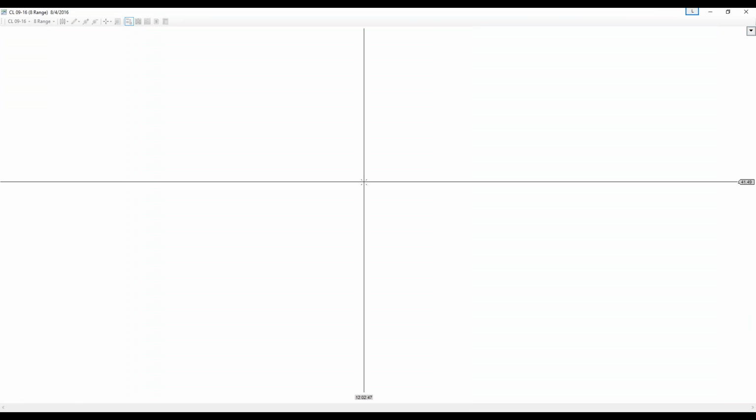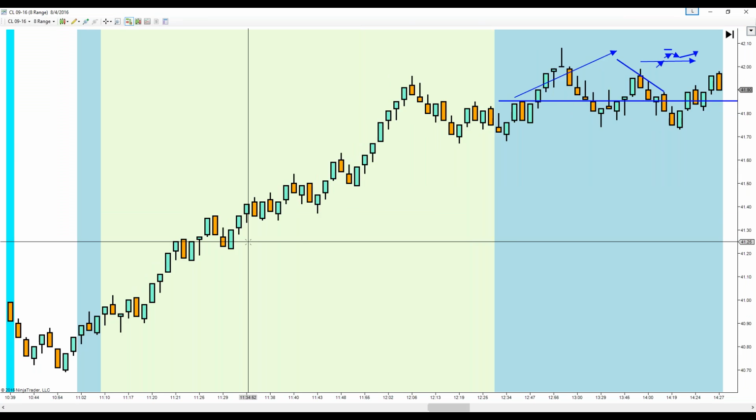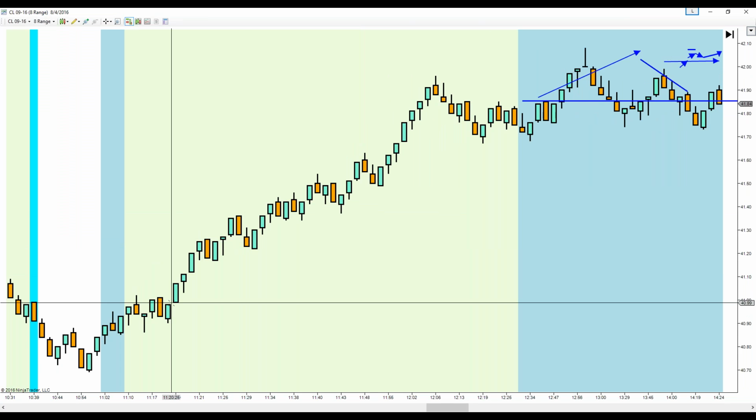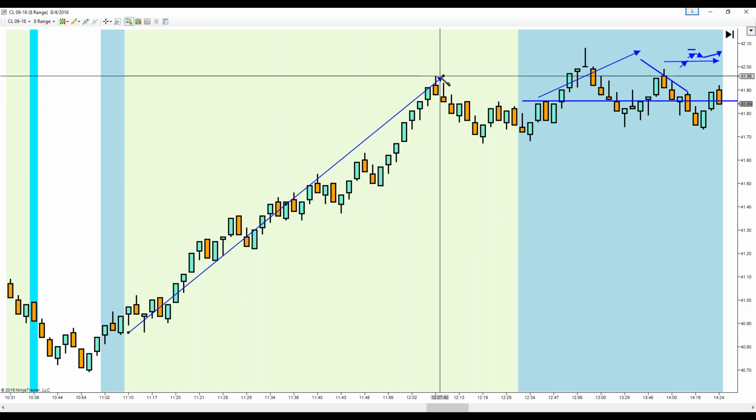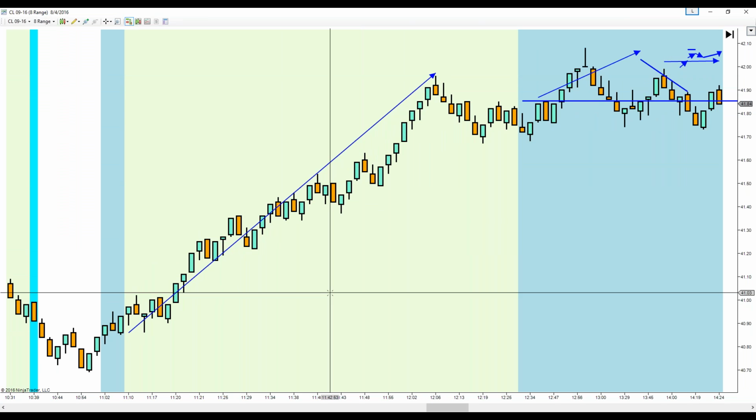Now let me just refresh. You can see what happens here. 2 time frames are aligned to the upside, and look at the size of that move. Now this doesn't give you precise trading entries. What it does is create a bias for you.